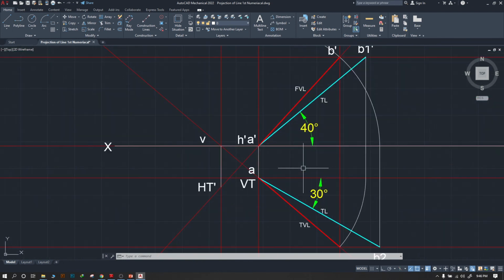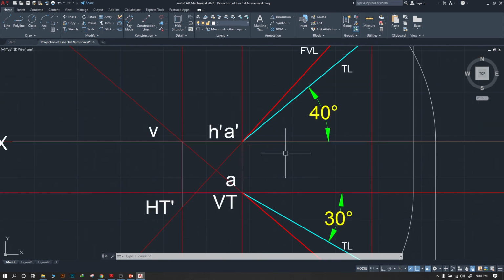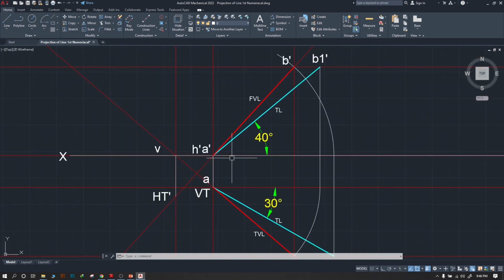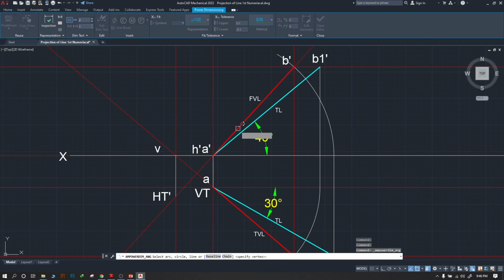So here is the final diagram. Okay, so in the examination you have to write all the lengths and all the dimensions of this front view length and top view length.